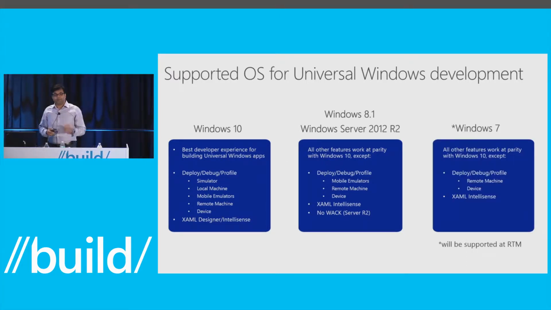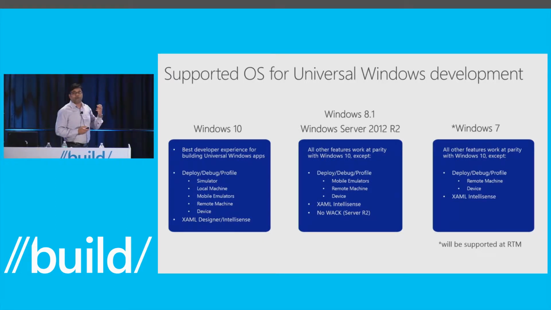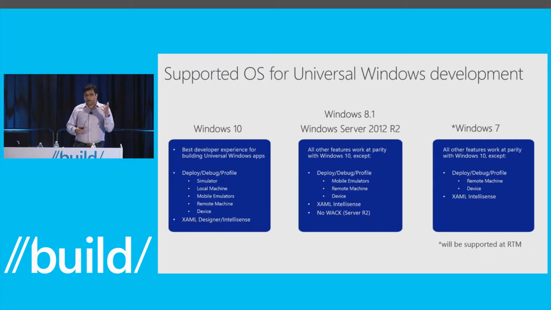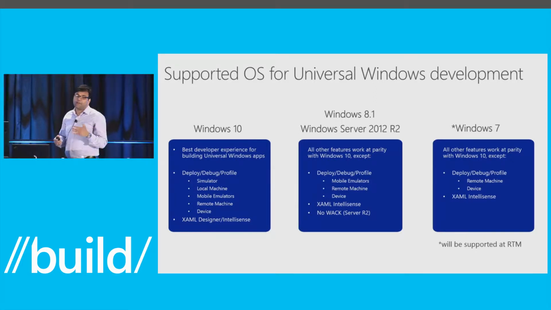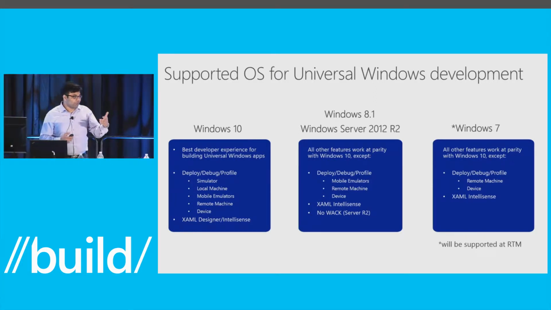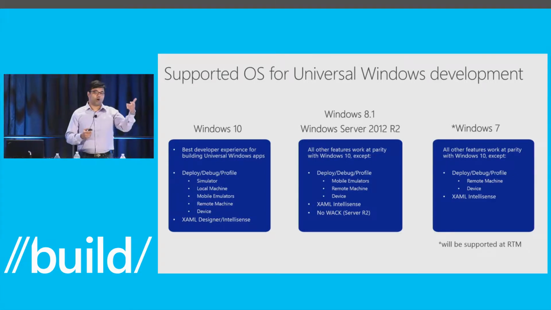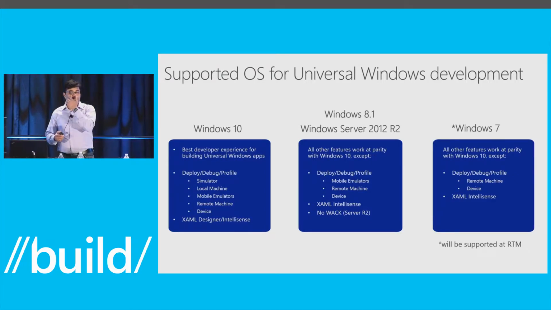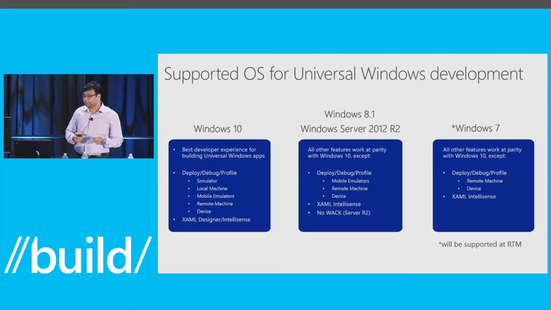At RTM, we will also support building a Universal Windows app on Windows 7, right? Again, because it's a Windows 7 OS, Hyper-V is not supported, so emulators will not work, but you will be able to use a remote machine to deploy your application on a Windows 10 PC or an Xbox or an IoT device, and you can also use the connected phone device to deploy your application onto a phone, profile it and debug it, right?